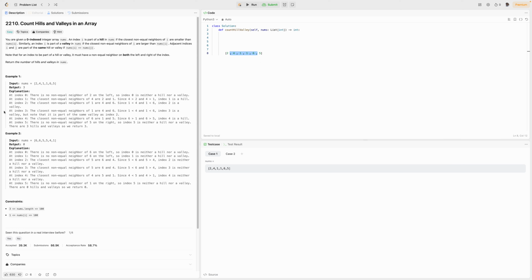Index 3 is a valley, but note that it is part of the same valley as index 2. The closest non-equal neighbors of 6 are 1 and 5. Okay, so that's pretty easy. Well, there's some trick to it. Let's look at this one right here.